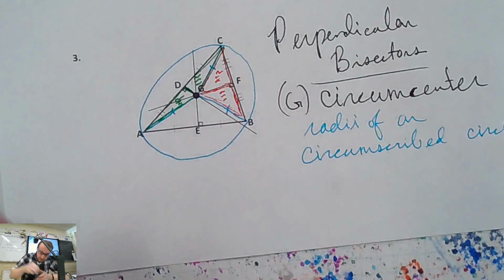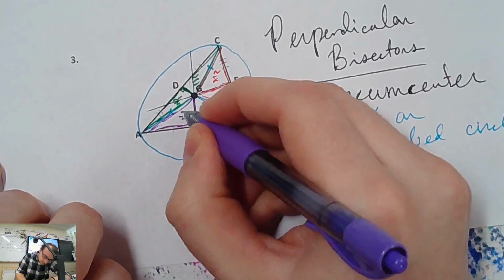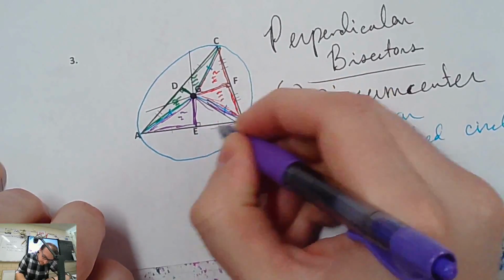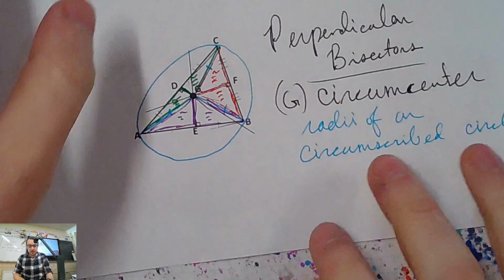And these two triangles will be congruent. That's kind of cool. Again, the main idea is that the circumcenter goes all the way around the triangle.